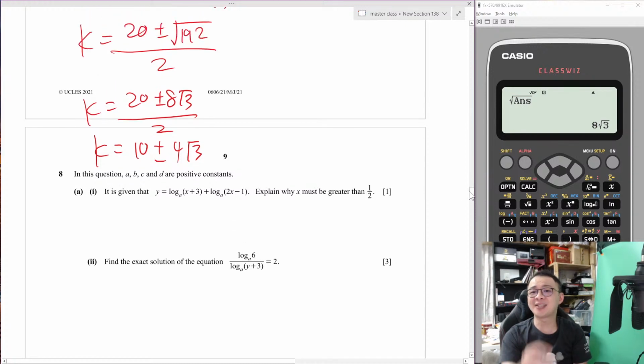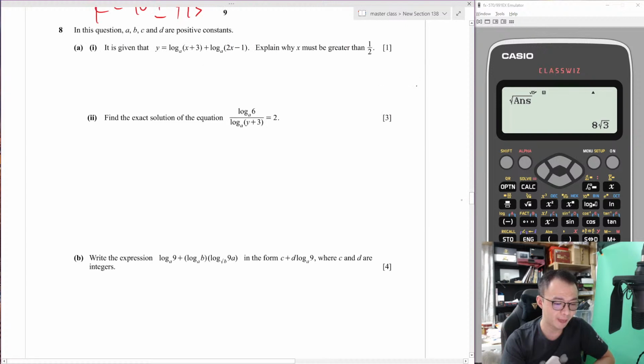In fact, I checked the marking scheme. They have about 2 marks for the formula, M1 and A1. So it's good to show the formula here, or else you will lose the mark for M1. Okay, let's move on to the next one.